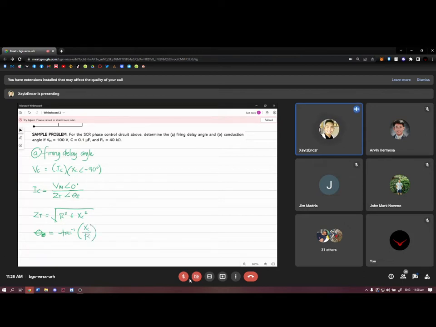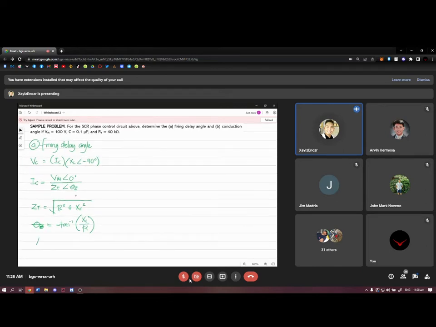Sulat ko lang lahat ng kailangan formula. Then, we all know yung ating XC is 1 over 2 pi FC. Capacitive reactance. Okay, isa-isahin natin. Let's first find XC.